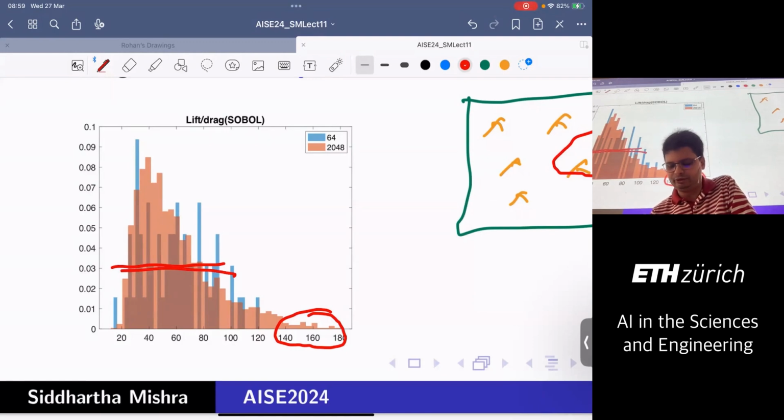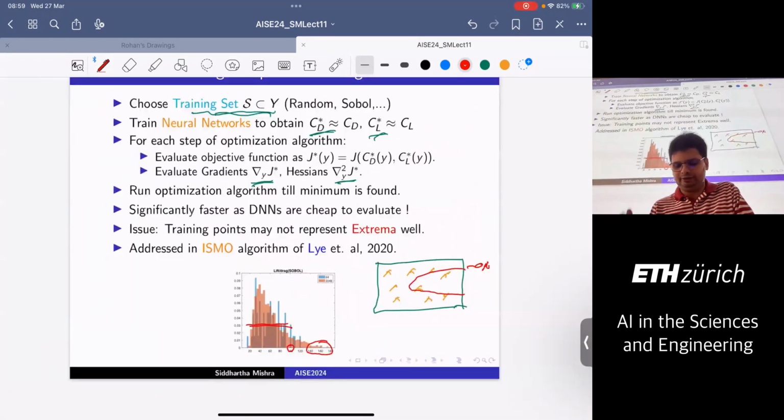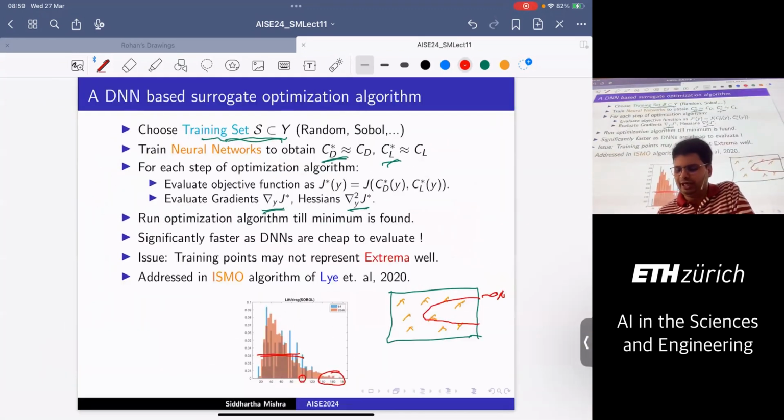So just imagine that if you would have optimized, most likely you would have gotten a lift to drag ratio of 100, which would be half as effective as the real lift to drag ratio, which is out there. So you're not able to explore the entire design space. Of course, if you're lucky, there is also 120, but you're still significantly underestimating the optima in this particular case. And this is the reason why it is happening, because you're not filling the optimizers well.